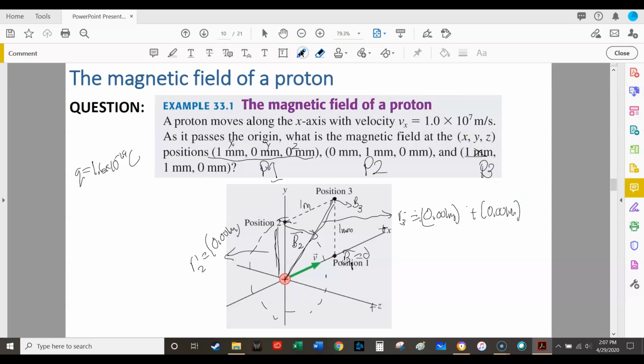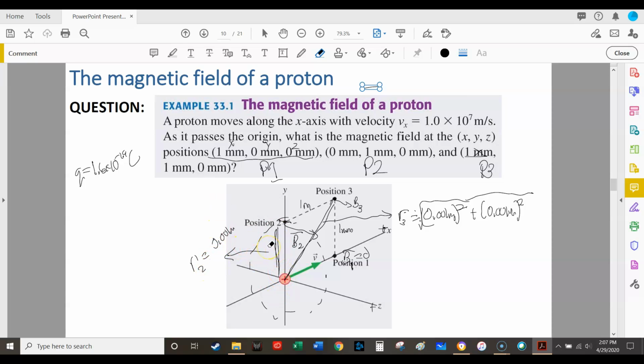I'm going to go back to this real quick. That R3 is the square root of these guys, right? That distance from here to B3 is R3. R2 is just 0.001 meters away, right here.